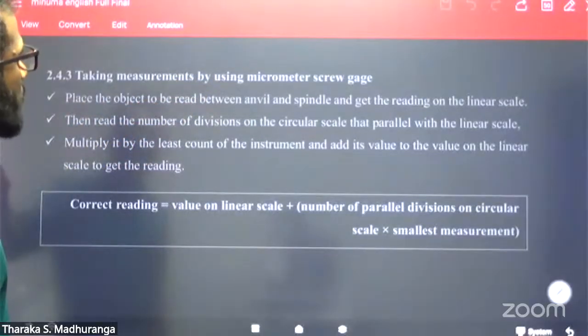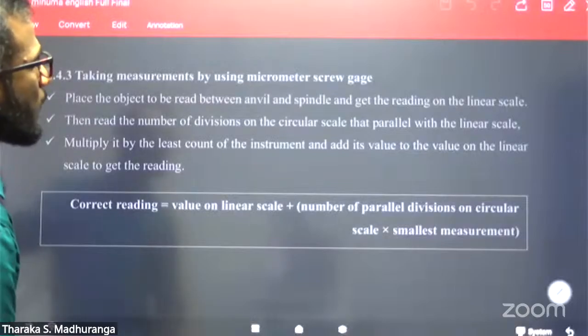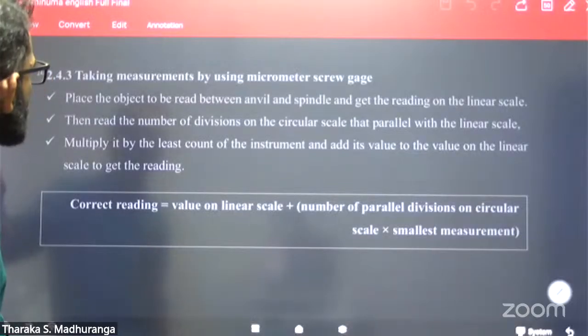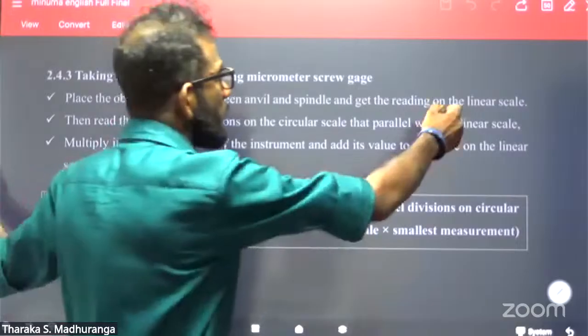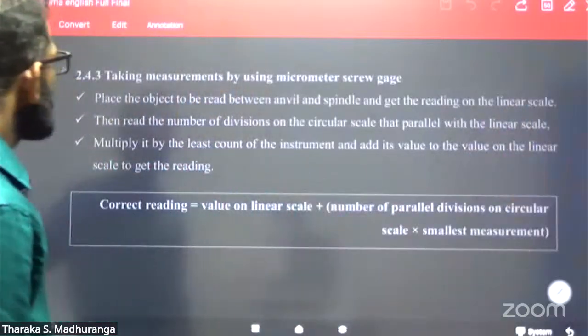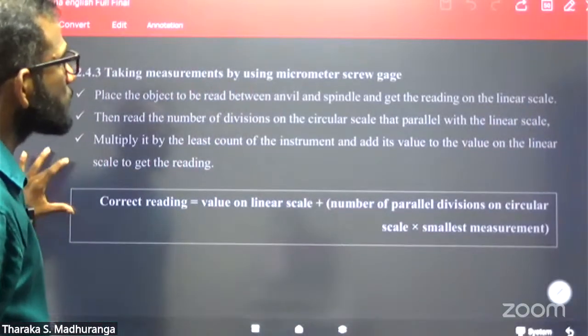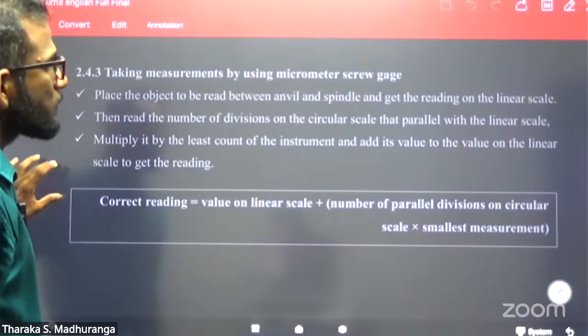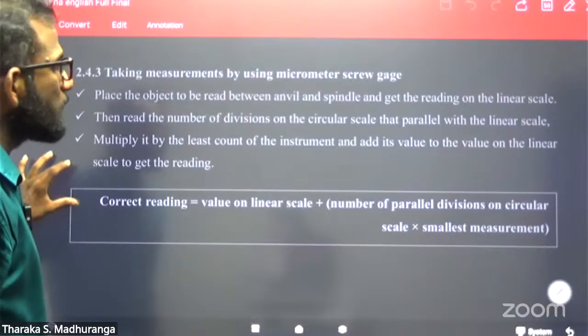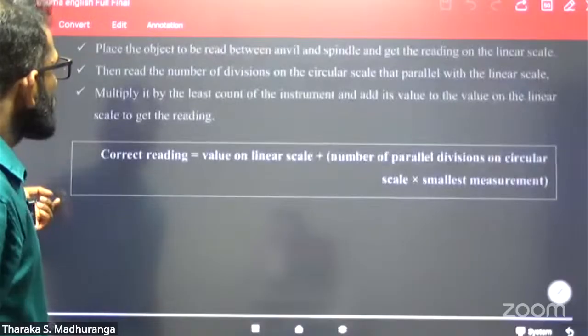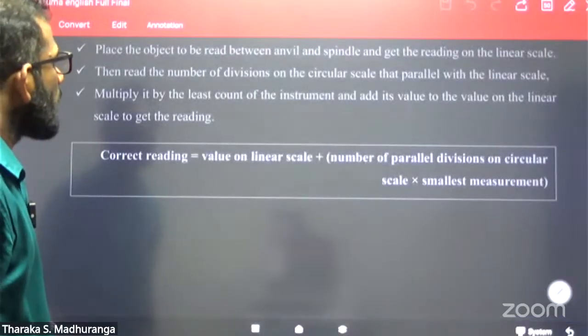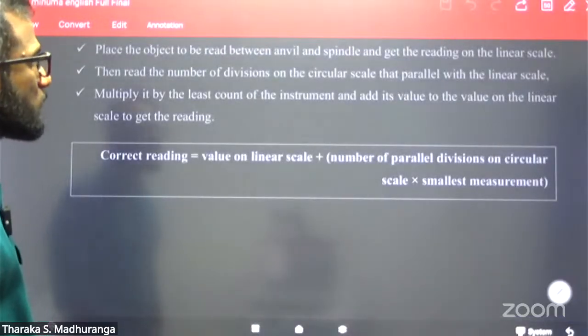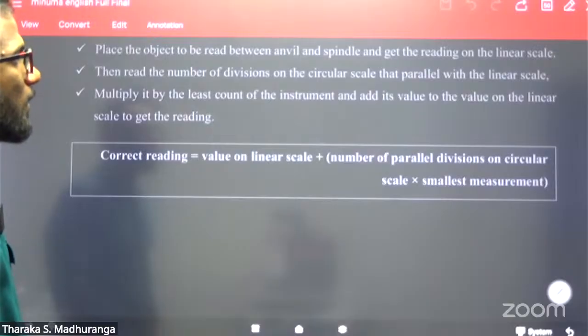Okay, these steps I have given in the tube. Place the object between anvil and spindle and get the reading on the linear scale. That's our first step. Then the number of divisions on the circular scale that coincide with the linear scale, multiply it by the least count of the instrument, and add its value to the linear scale reading.